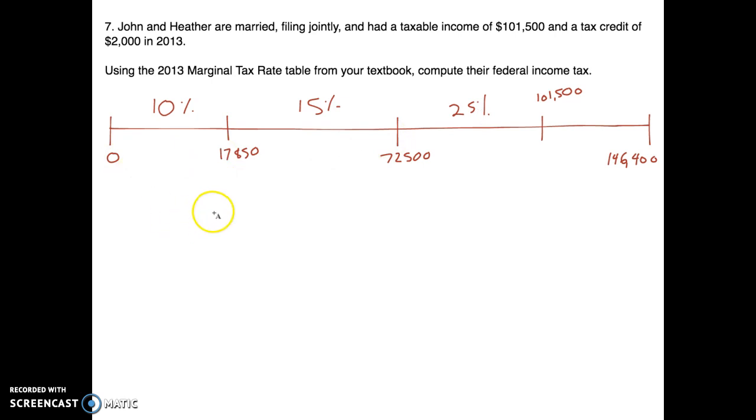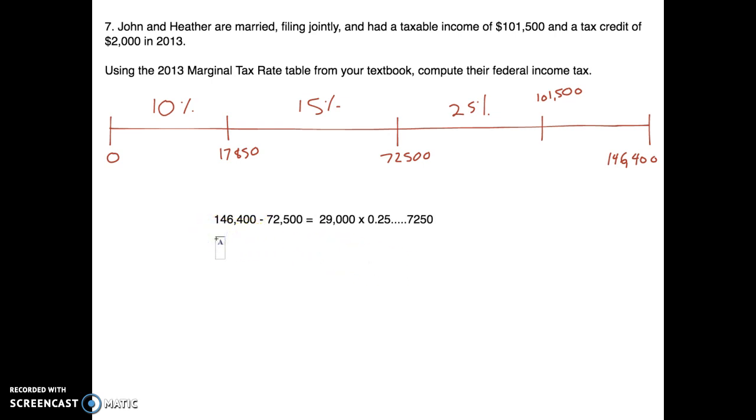Okay, so let's figure this out. The first one, if we go through and subtract the 146,400 minus the 72,500, we're going to get 29,000, and we've got to multiply that by 0.25, which ends up with 7,250.